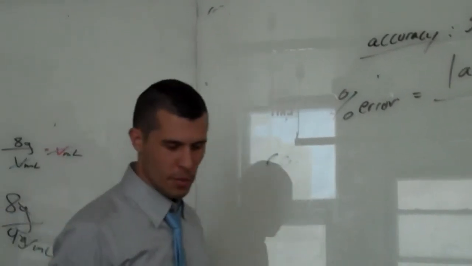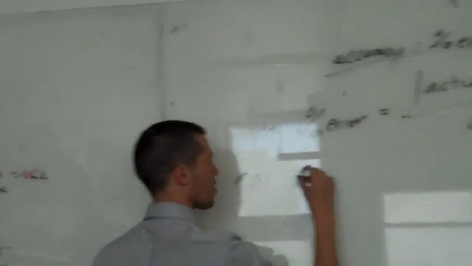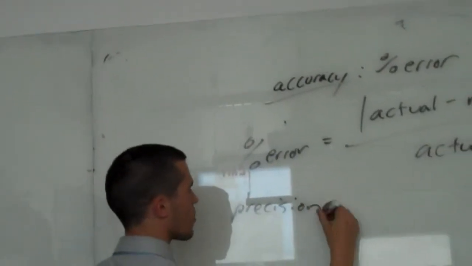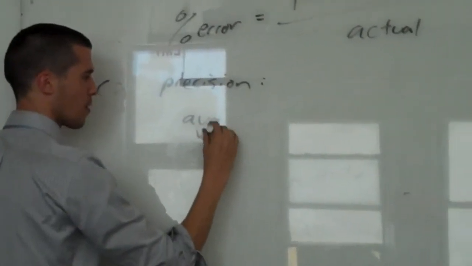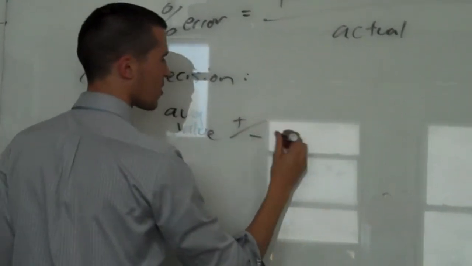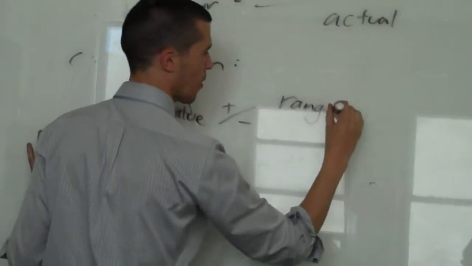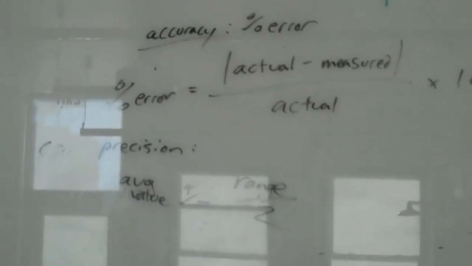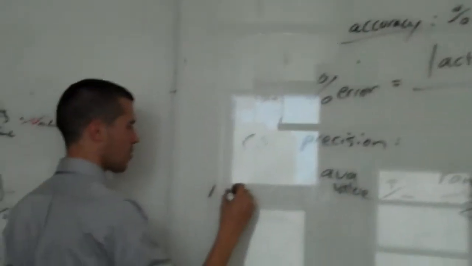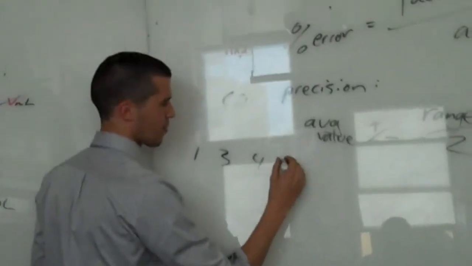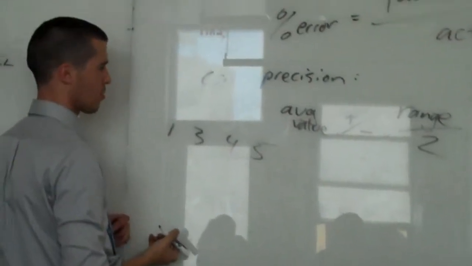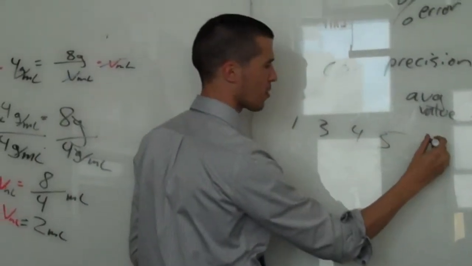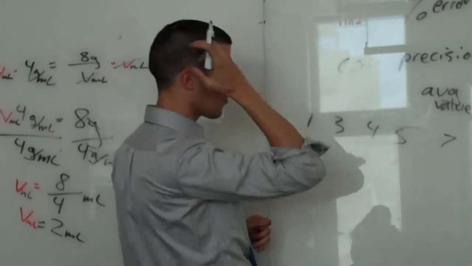Now, for measurement of precision, it's a little bit different. Precision, remember this? Precision is the average value plus or minus the range over 2. So if I give you a set of values like 1, 3, 4, 5, and 7, you find the average of all those.